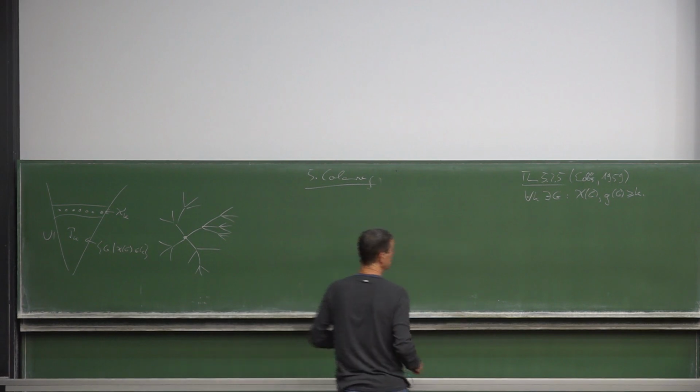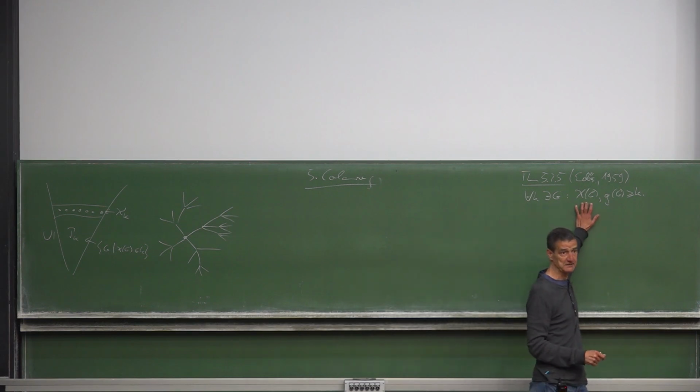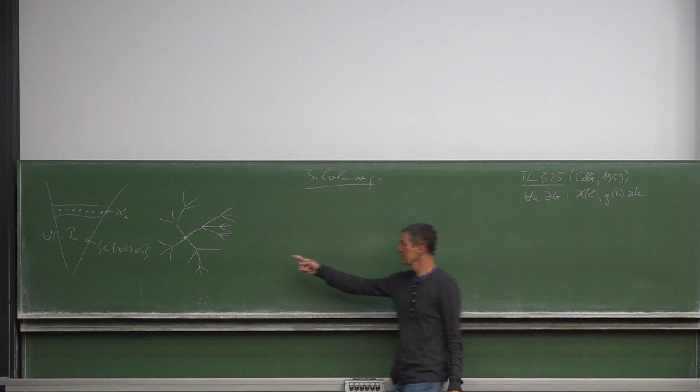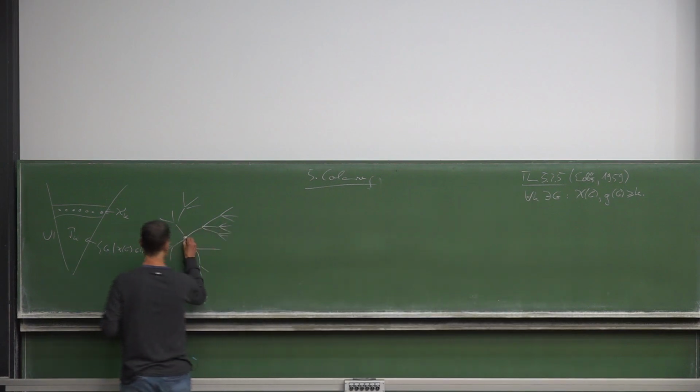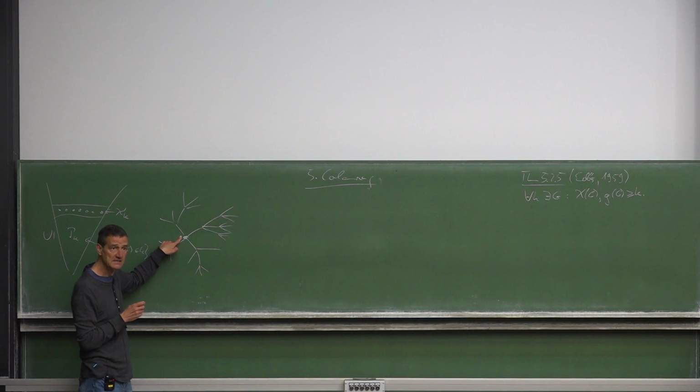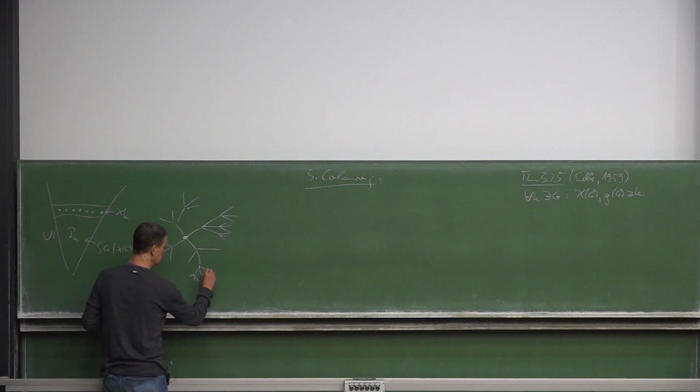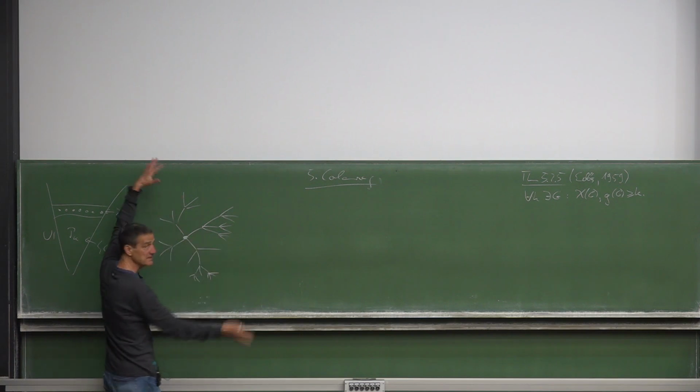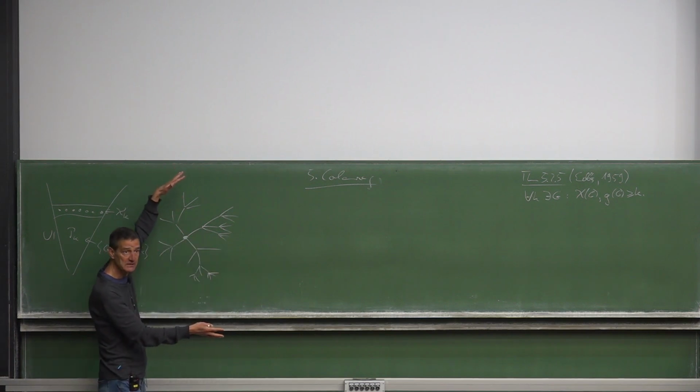Now, in a highly chromatic graph, there's a subgraph of large min degree. So let's look at that subgraph and let's look at its structure from the point of view of any particular vertex. So this is large min degree. All these vertices branch out. And they do that in a tree-like way for a long, long time.